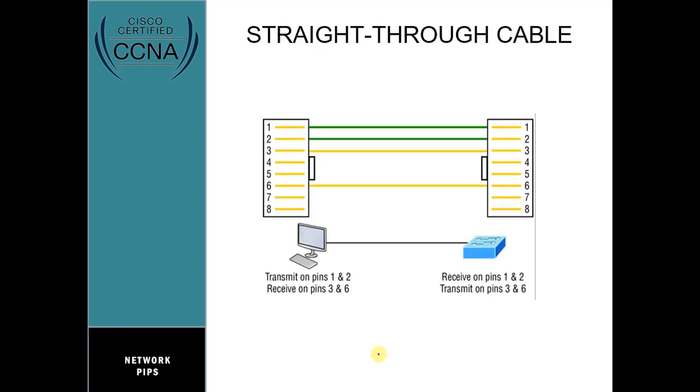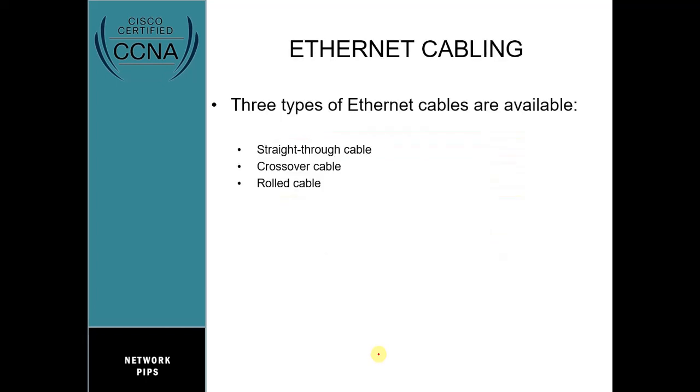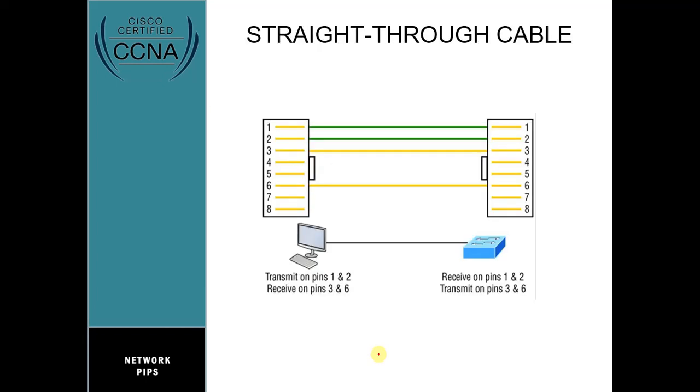For example, if you are connecting unlike devices, maybe your PC and your switch, you are going to use a cable arrangement of straight through. You're going to prepare a cable in a straight through format to connect these two devices together.